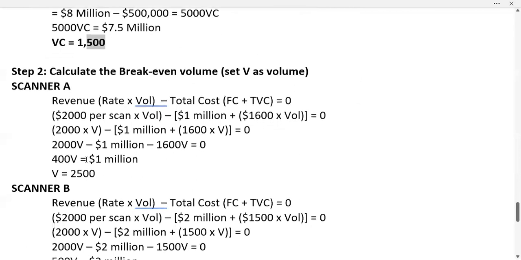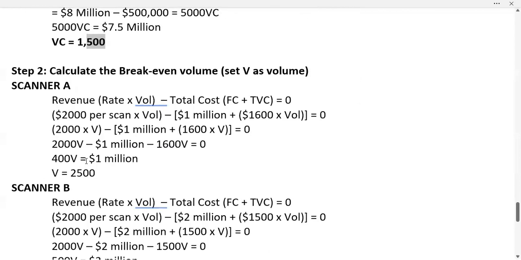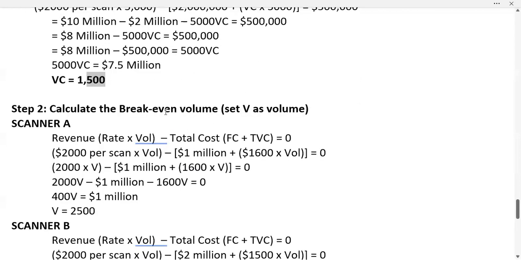Let's compute the break-even volume. What's the number of patients that we need to break even? For scanner A, we use the same formula, but this time we set the profit to 0, and we don't know the volume.